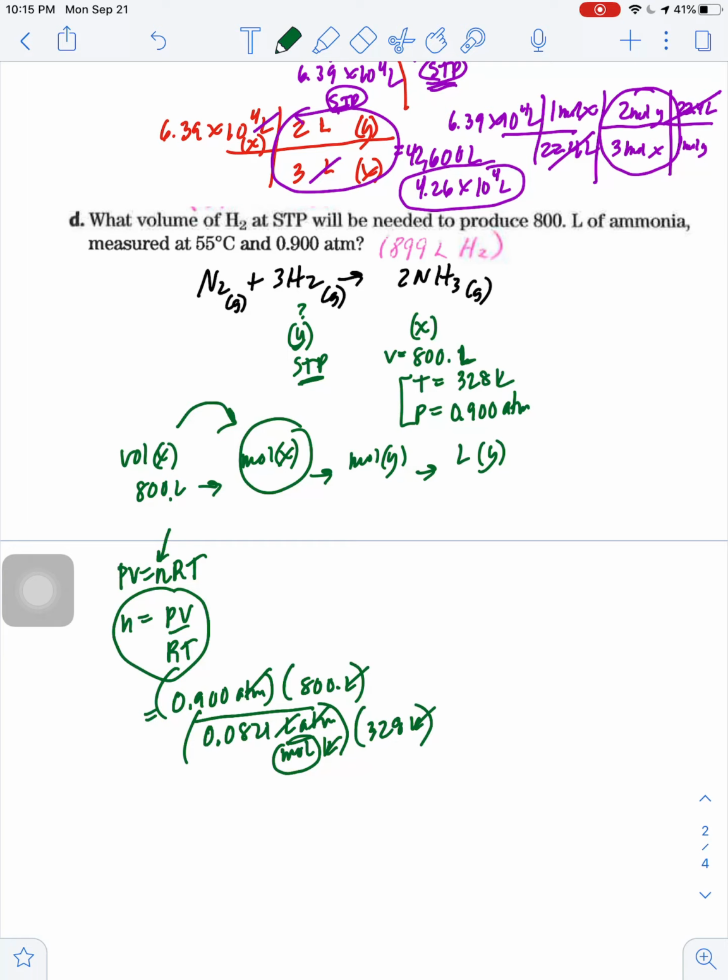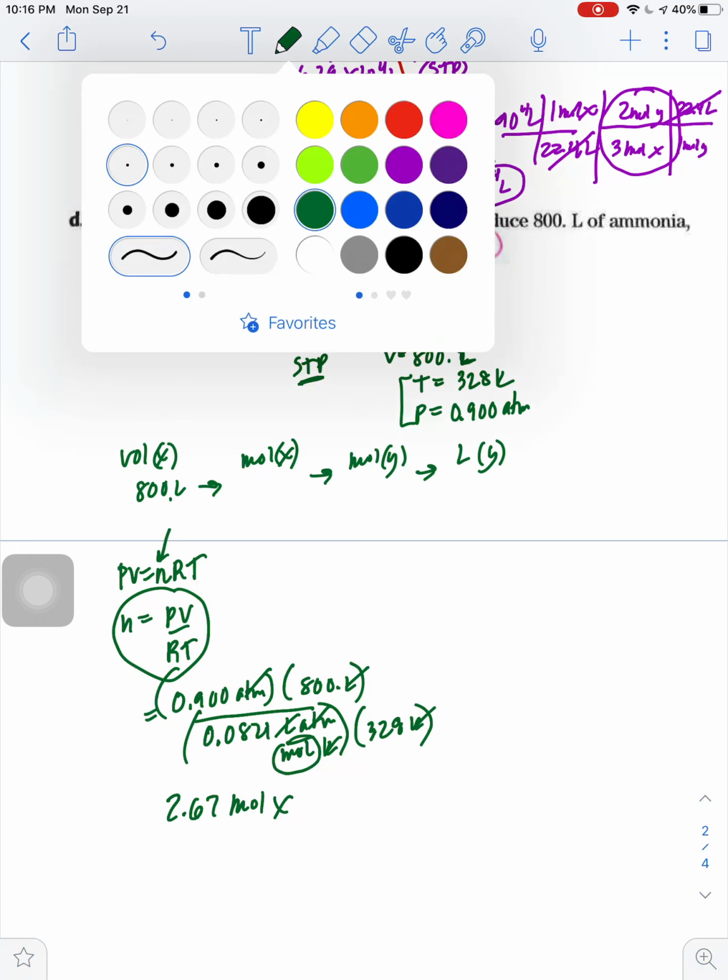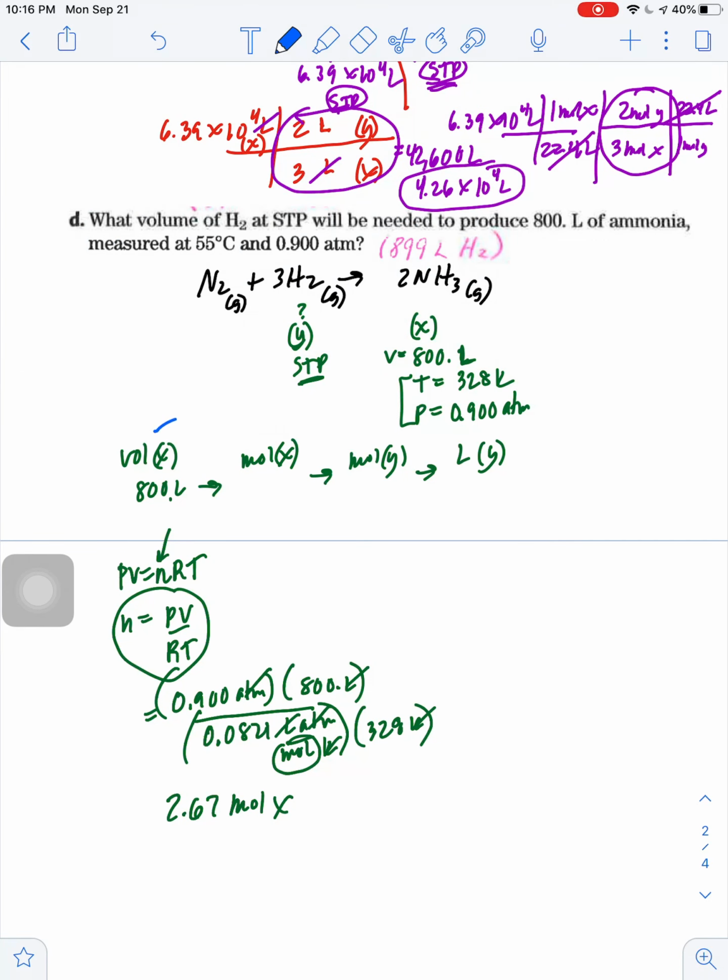So 0.9 times 800 divided by 0.0821 divided by 328 is 26.7 moles of X. Okay, now I just took care of getting from volume of X to moles of X. How do I get from moles of X to moles of Y?